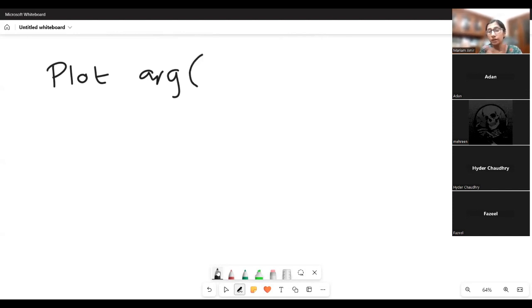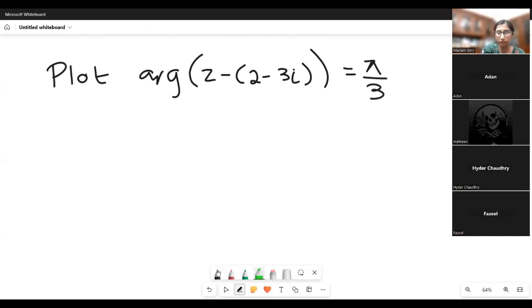Modulus means radius. So the argument of z minus (2 minus 3 iota) equals pi by 3. So how do we plot this? We know the angle, pi by 3.